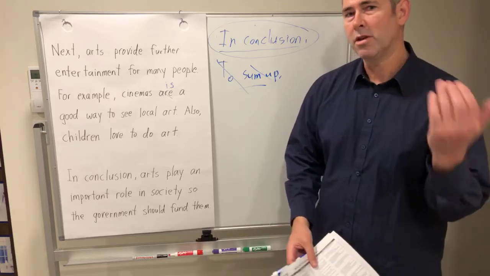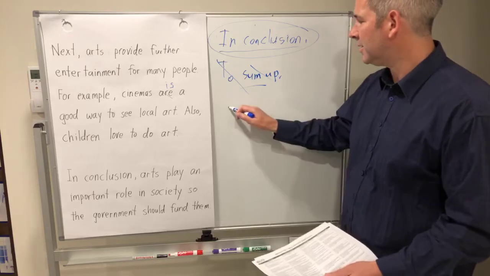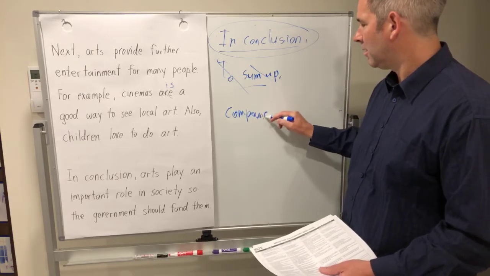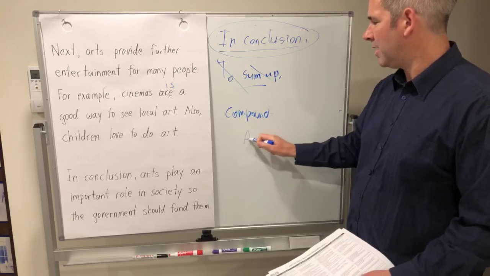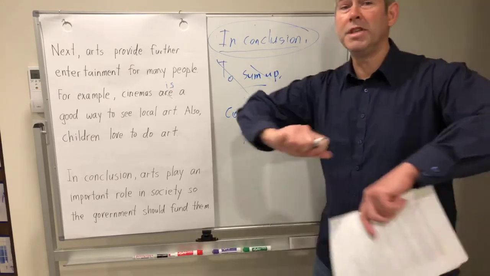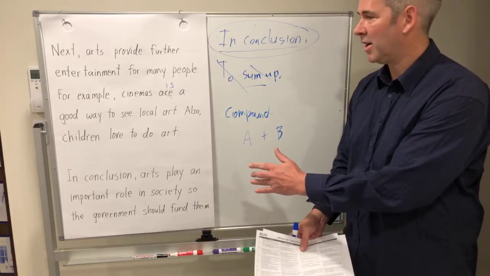So the difference between compound and complex is that with a compound sentence, compound is just A plus B, right? So A and B could be separated and they would still make sense, right?